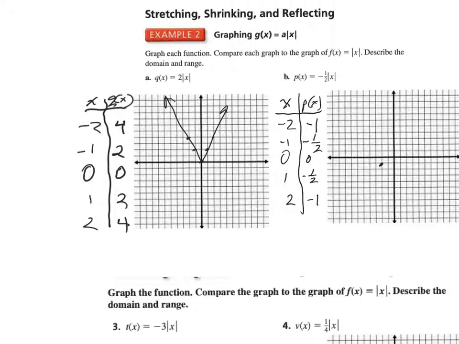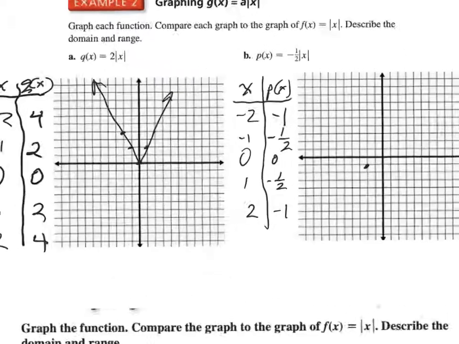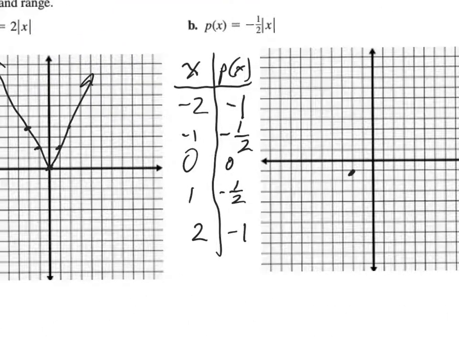And then we've got -1, -1/2. I wish my graph was a little bigger, but you're just going to stick it right in the middle here. 0, 0. 1, -1/2. 2, -1. So do you see how it did get shrunk a little bit?